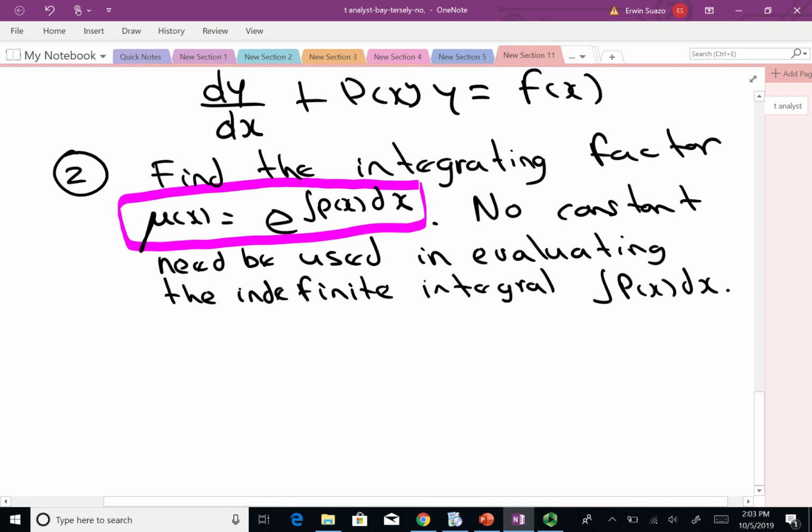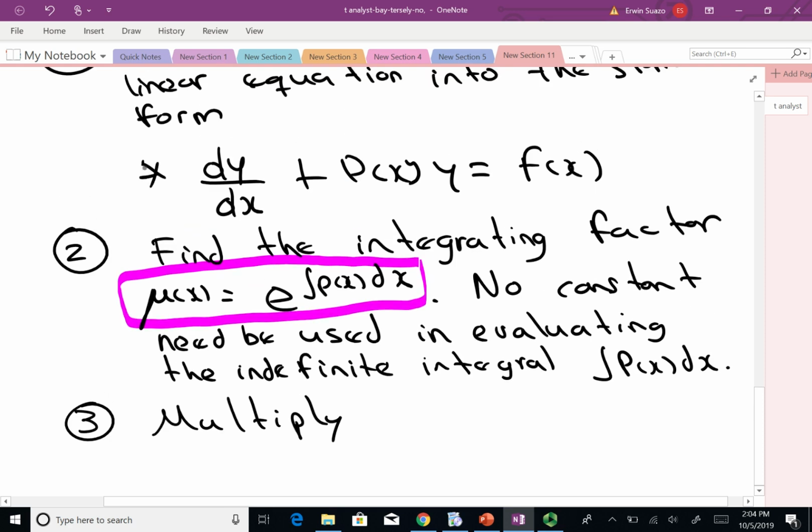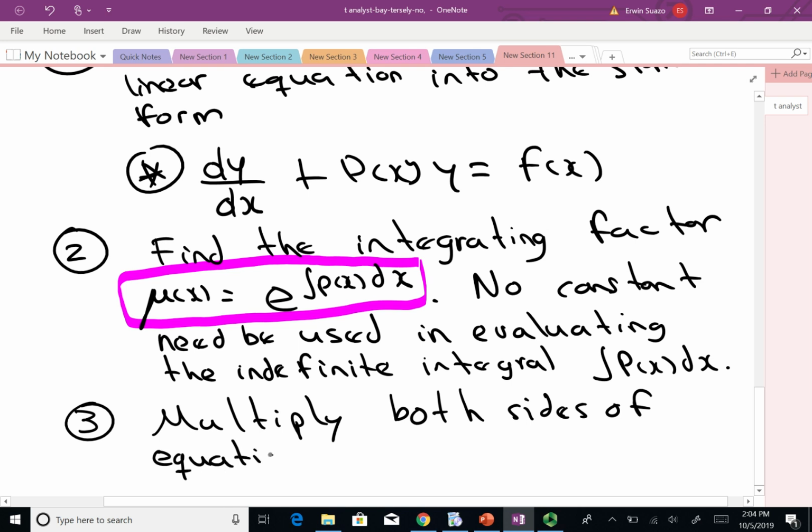Then, third step, you multiply both sides of the equation, let's call it star, times mu of x, that means the integrating factor, right?